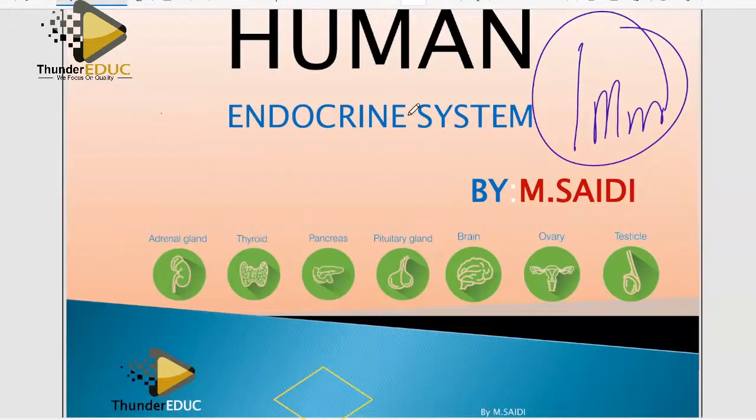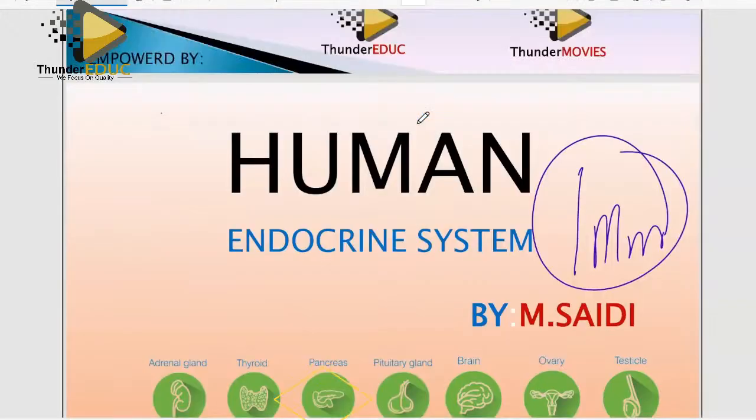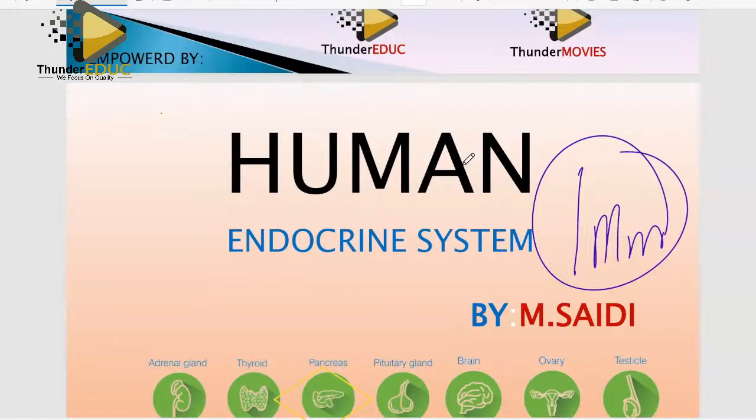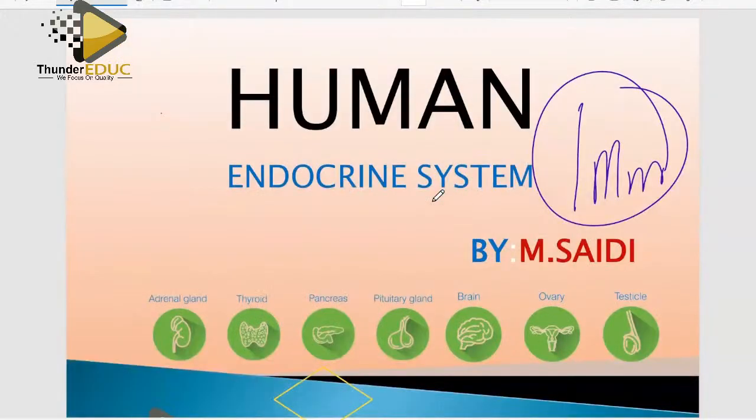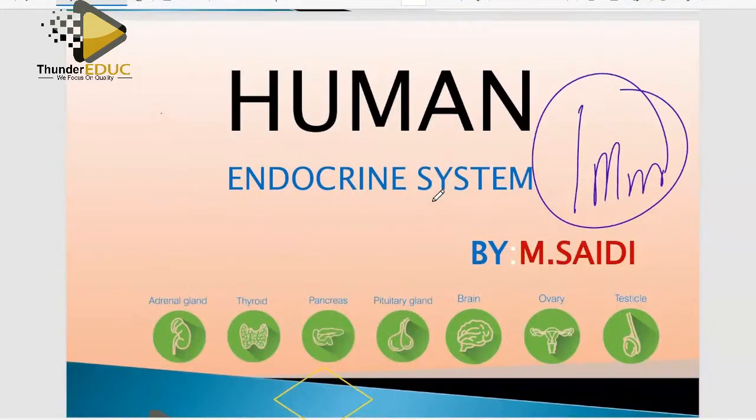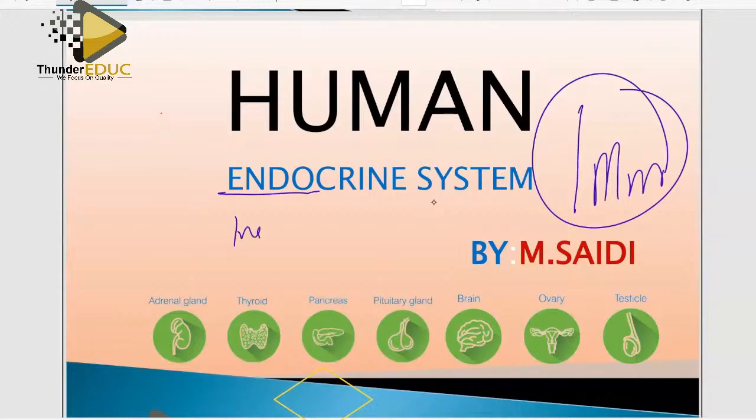We are saying that endocrine system. What does the word endocrine mean? The word endocrine comes from the word endo, which means inside.